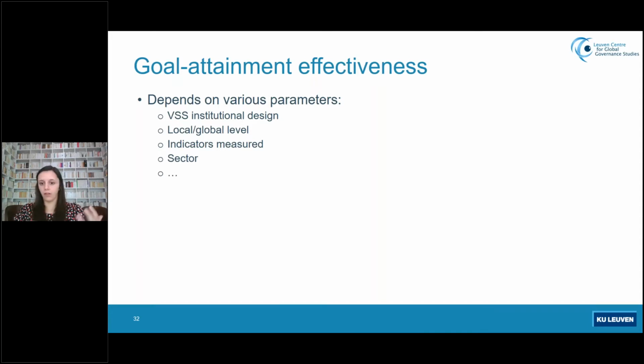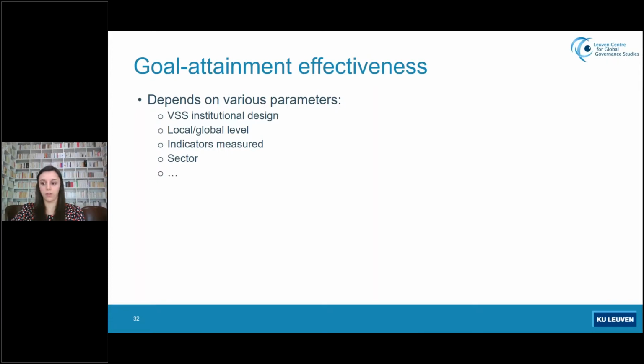So there are really a lot of sustainability metrics to be measured, and the different studies have their own indicators that they measure. Impact studies also don't use the same methodologies, and it's really hard to have an overview of the overall impact of VSS.